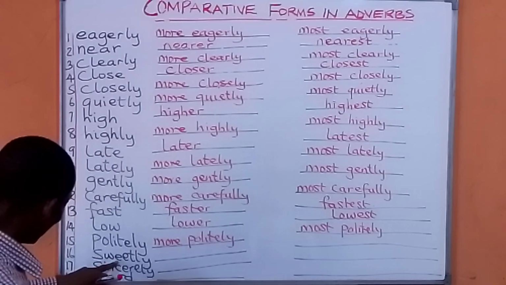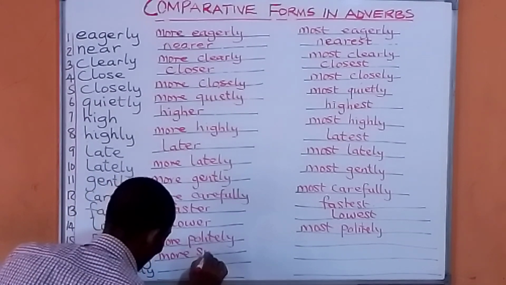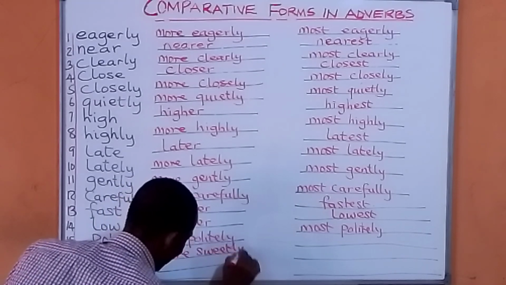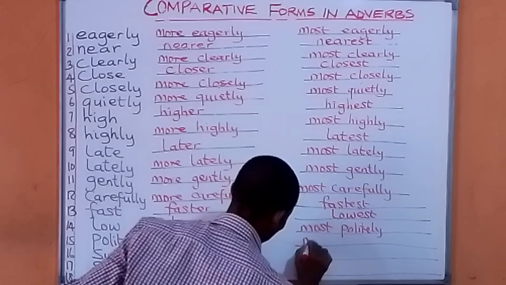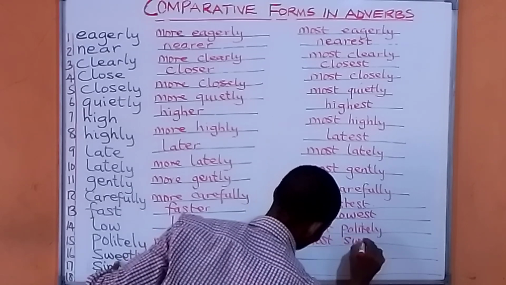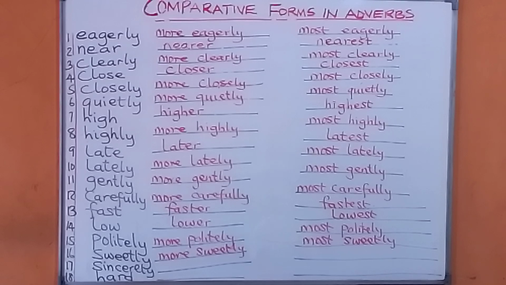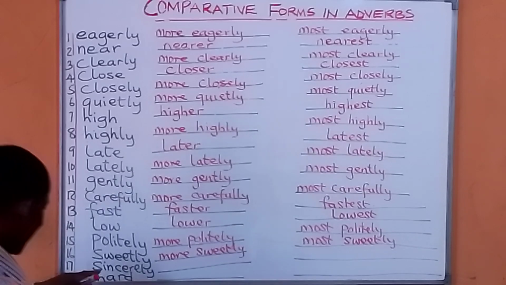Here you have sweetly, so ly is there, so you add more sweetly, most sweetly. But if you have sweet, if there is no ly there, then you put er there, sweeter, sweetest.